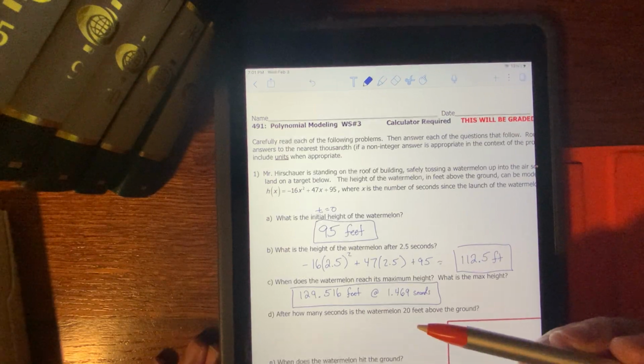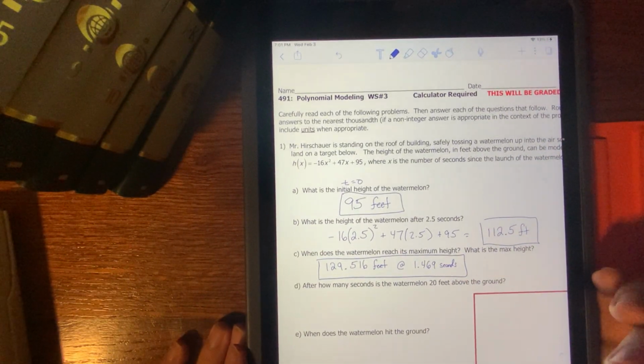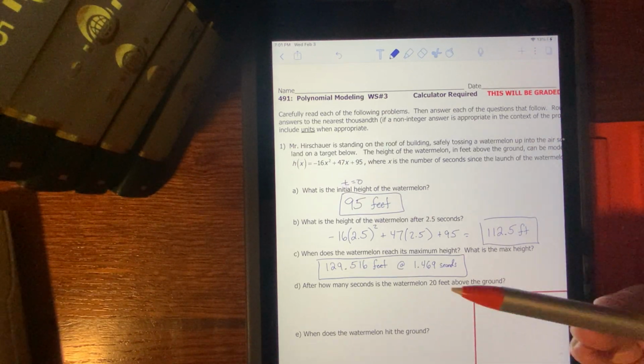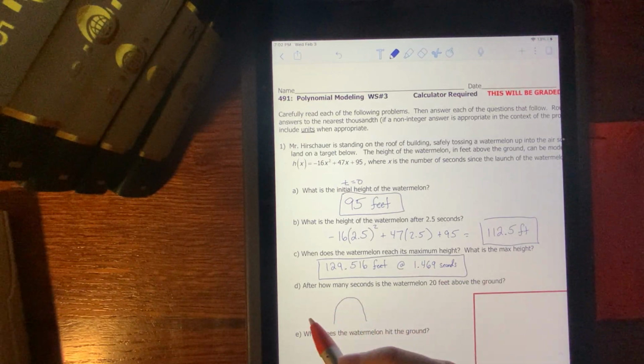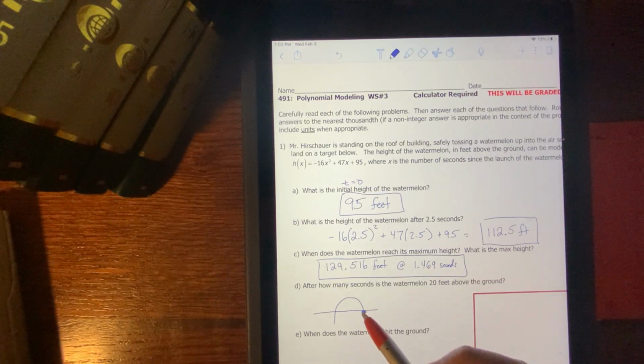Now they're talking about, okay, when does it hit the ground? When is it 20 feet off the ground? What's the domain? All right. Well, E and F are going to kind of go together. Let's deal with D. So 20 feet off the ground, remember, this is going to be an upside down parabola. And we're going to introduce a horizontal line through 20, and we're going to see where it hits.